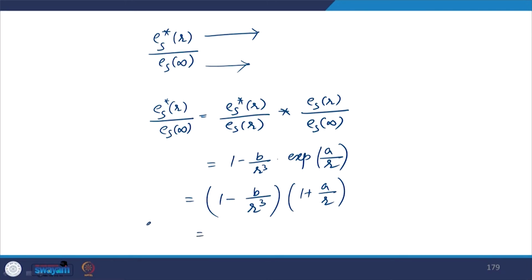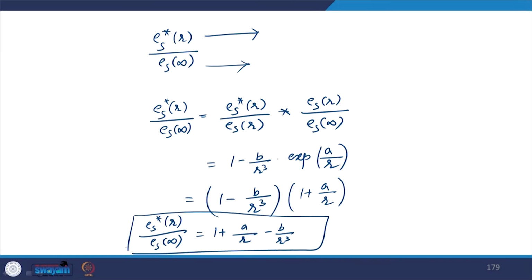So Es star of r divided by Es of infinity is equal to 1 plus a by r minus b by r cube, right. This is the combined effect.